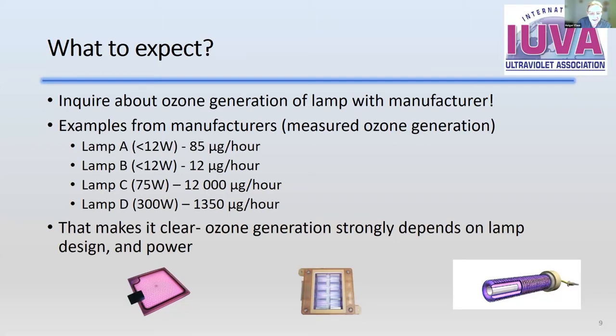And then we get into different kinds of lamps, what I mentioned before, the cylindrical lamps. So a 75 watt lamp creating 12 milligrams per hour. Another lamp, which is much higher wattage but is built differently than that 75 watt lamp, only gives 1.3 milligrams. So just to emphasize, the ozone generation will depend on the lamp design and the power.